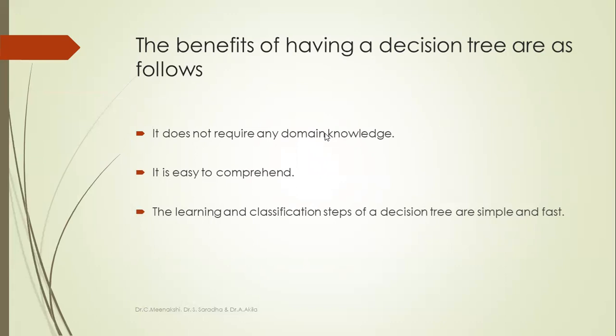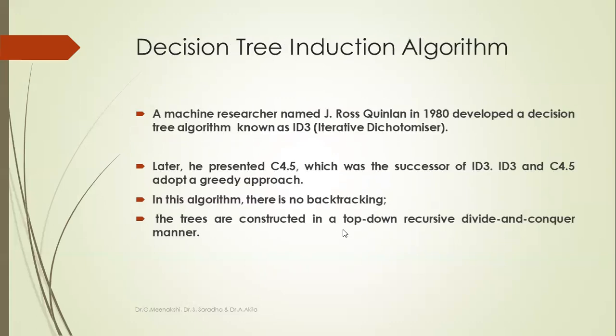We need not have in-depth knowledge of the domain we are working on. It is easy to comprehend, and also very simple and fast. These are the benefits of the decision tree.